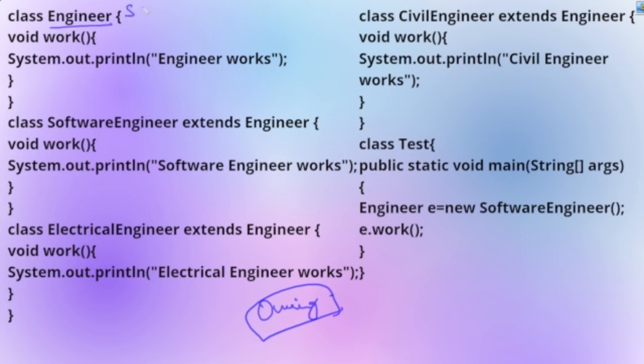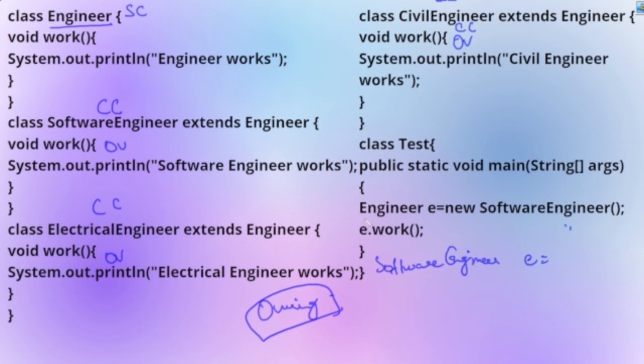Engineer E is a superclass with some child classes as software engineer, electrical engineer, civil engineer. So these are some child classes and all have the work method. Here it is overridden, here it is overridden, here also it is overridden. Now, whenever I want the output of software engineer, usually we take it like this: Software engineer E is equal to new software engineer.